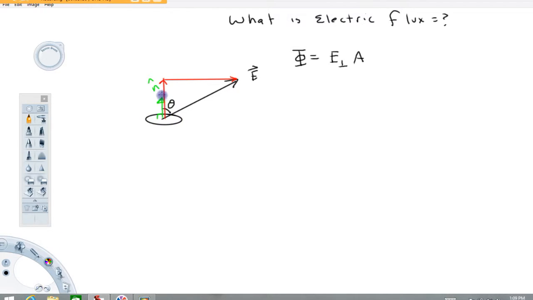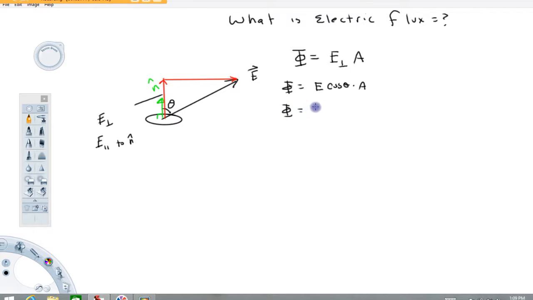This component, which is perpendicular to the area, you could also call the electric field parallel to the normal, and it is adjacent to this angle theta. So when we calculate the flux, it's going to equal the magnitude of the electric field times the cosine of the angle theta, which gives the component that's going through this area, times the area.